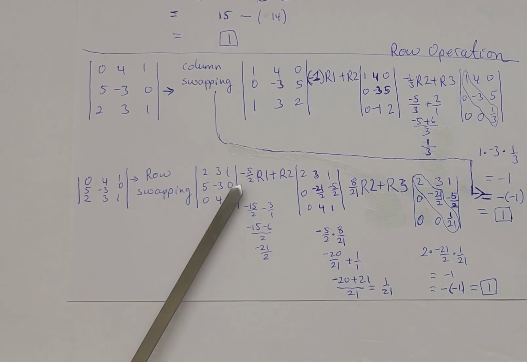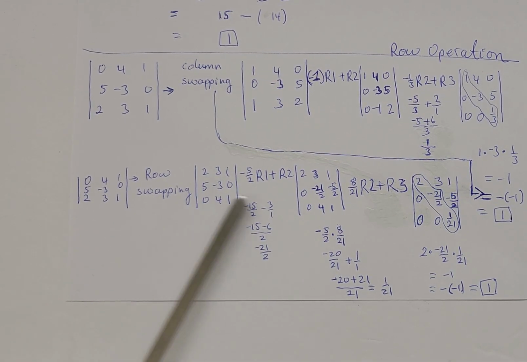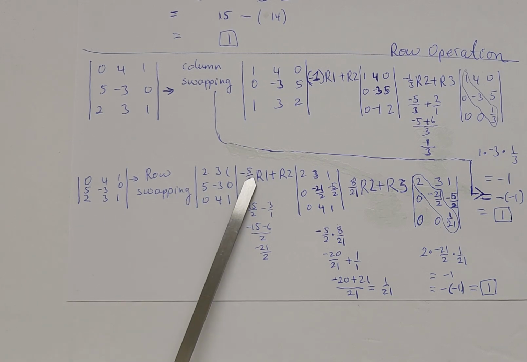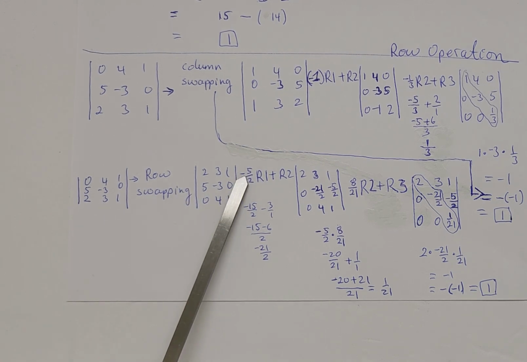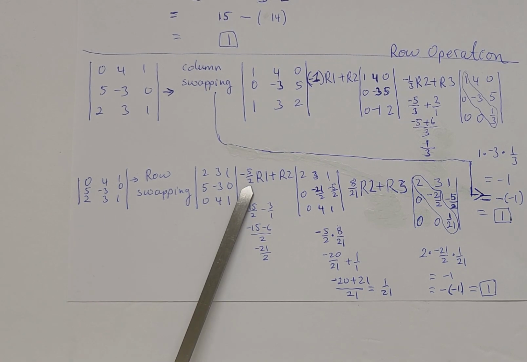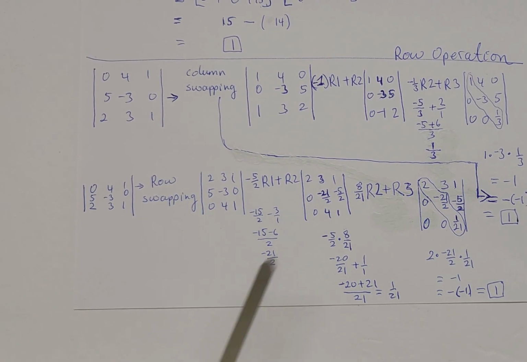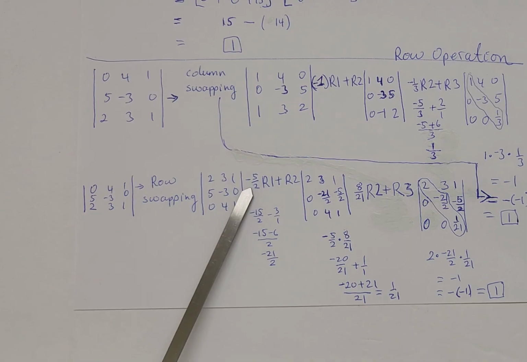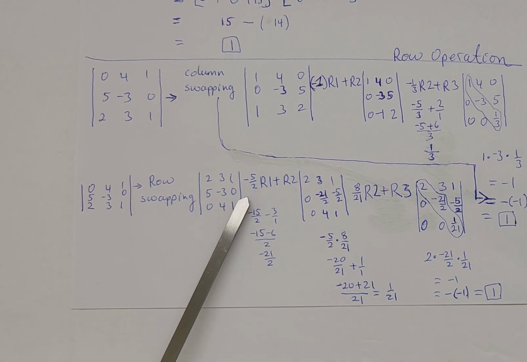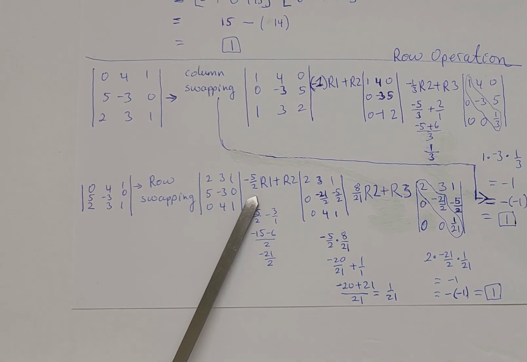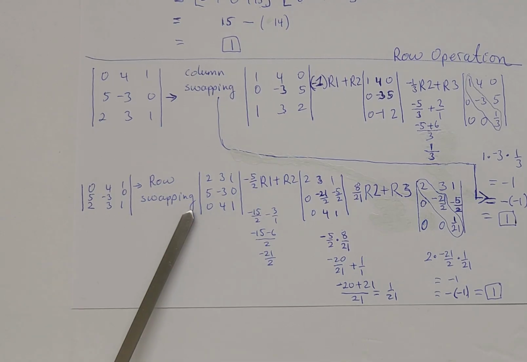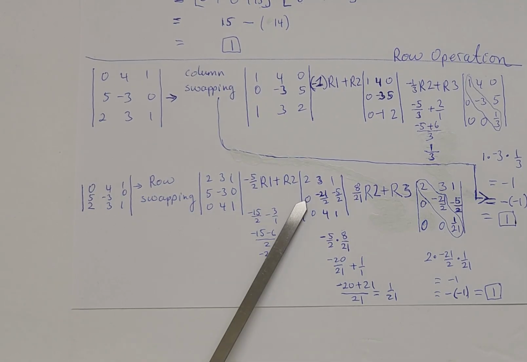Since this is a positive, I need a negative, so when I subtract, it gives me 0. Okay, so 2 times negative 5 gives me negative 10. Negative 10 divided by 2 gives me negative 5. Negative 5 plus 5 gives me this 0.